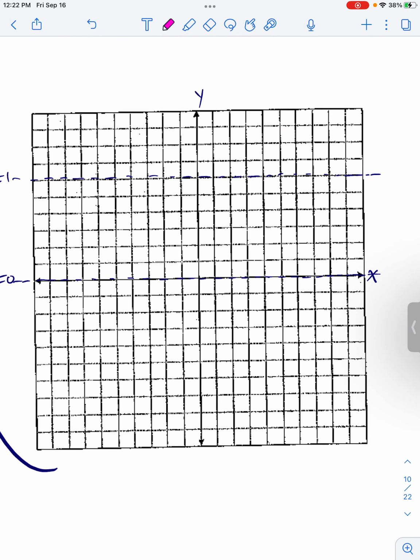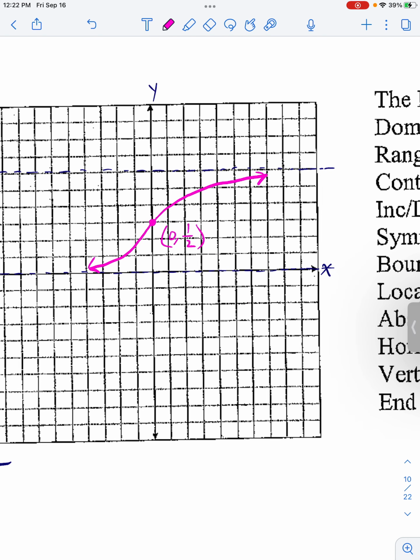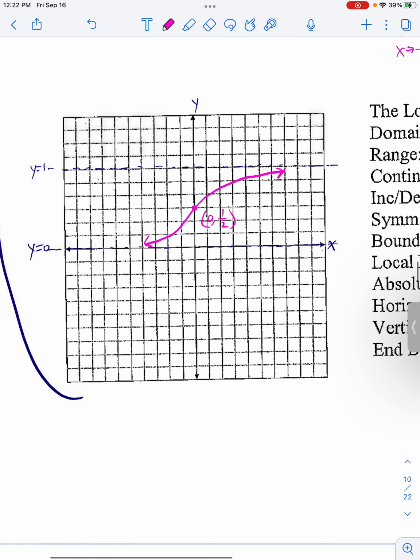At x equals 0, my y equals 1/2, so let's plot that point. That's where I cross the y-axis, okay? What happens is this. It's kind of a little sideways S there.